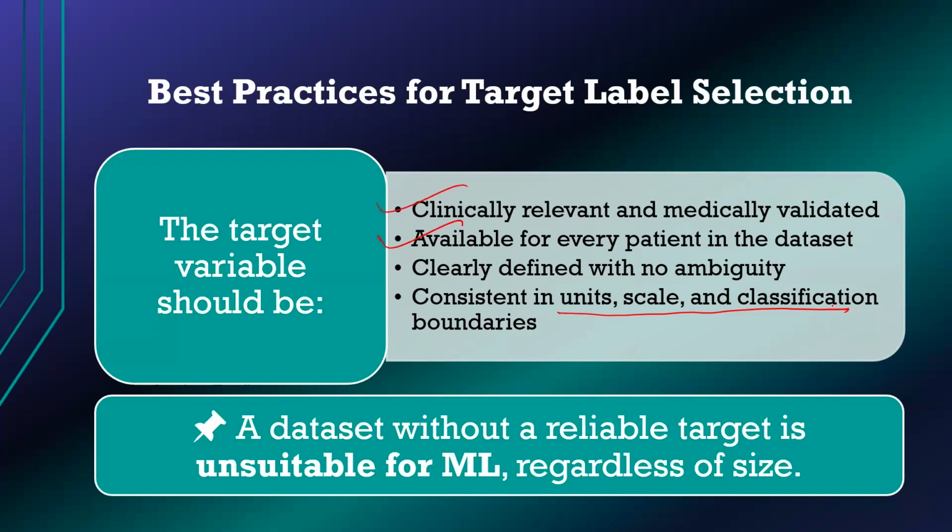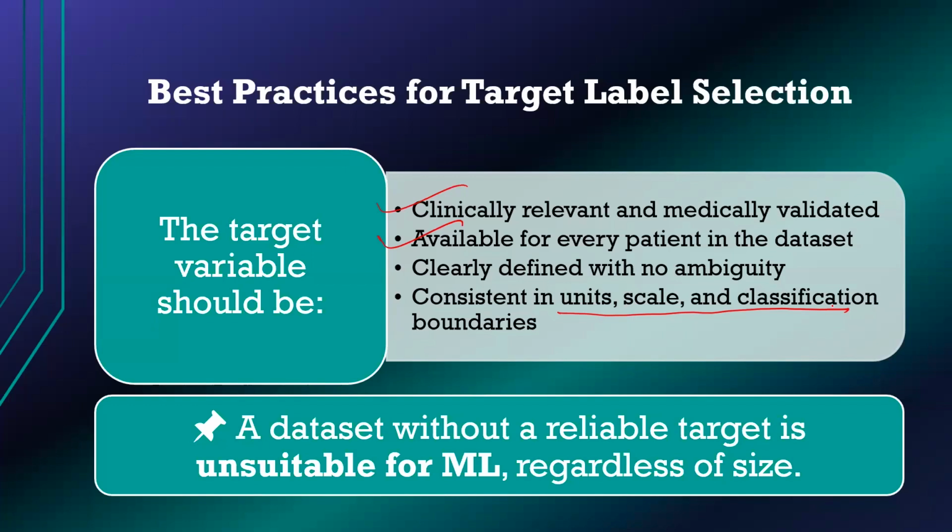Because sometimes what happens in practical scenarios, like if 5 different researchers are collecting data for the same project, maybe they are visiting different hospitals and collecting their variables, chances are that each one of them is using a different scale or different unit of measurement for filling in patient summaries or patient reports. So in that case, you may have ambiguous data, and that could lead to misleading interpretations at a later stage.